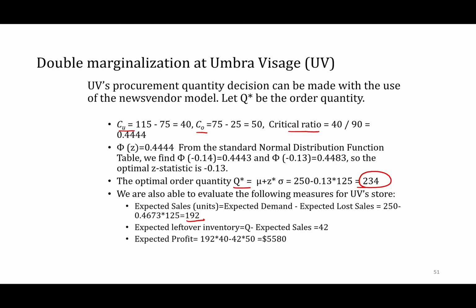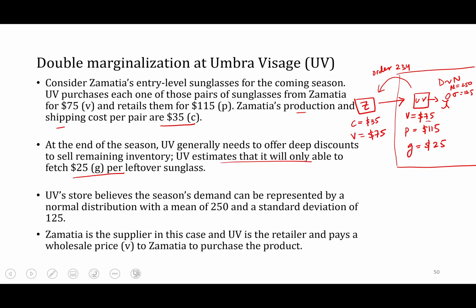On average, they are left behind with 42 sunglasses, and on average they make a profit of $5,580. So this was everything about UV. Once we know UV's problem, we find that Q star is equal to 234 and expected profit is equal to 5,580.